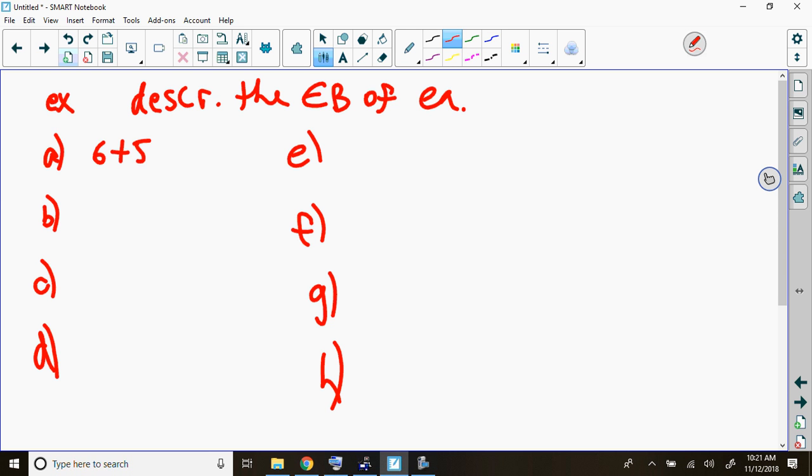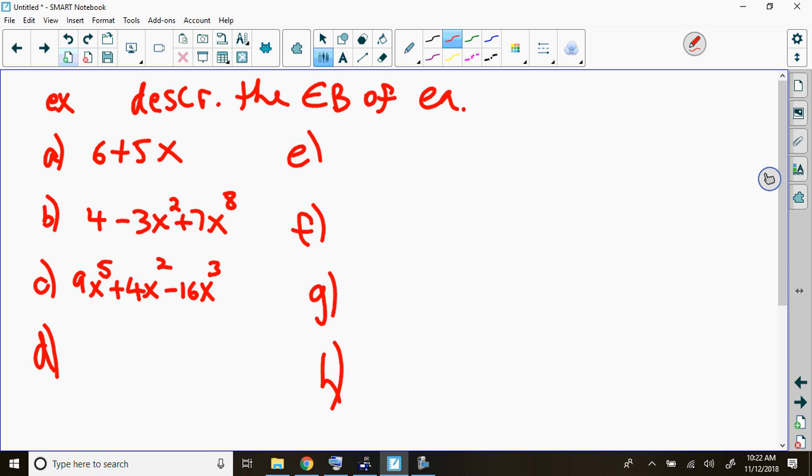6 plus 5x. 4 minus 3x squared plus 7x to the 8th. 9x to the 5th plus 4x to the 2nd minus 16x to the 3rd.